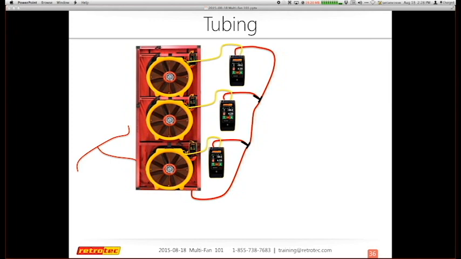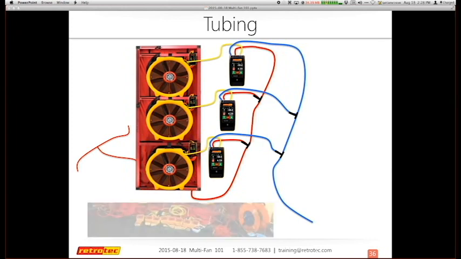But one of the things I'm going to do here is that I can actually combine them together. And depending on how you're doing your testing, which we had an illustration earlier, I actually would take my blue tube, which normally doesn't have anything on it when I do a residential test, and I can actually now combine these and send it to a specific location for all 3 fans. Or I could actually do the same. And this is an example of what happens when you actually do these large testing itself.